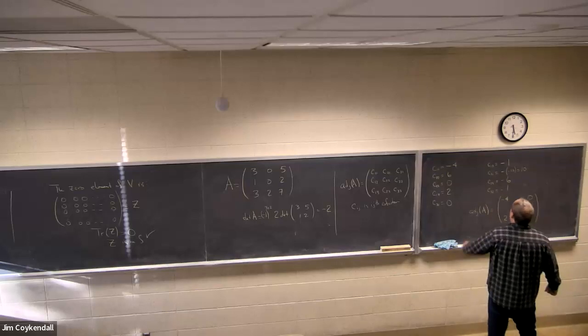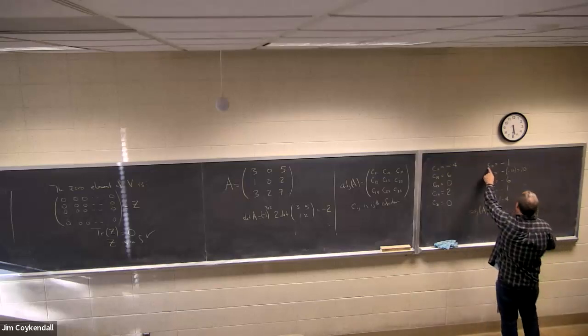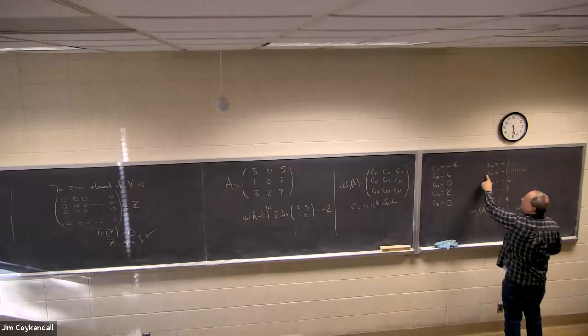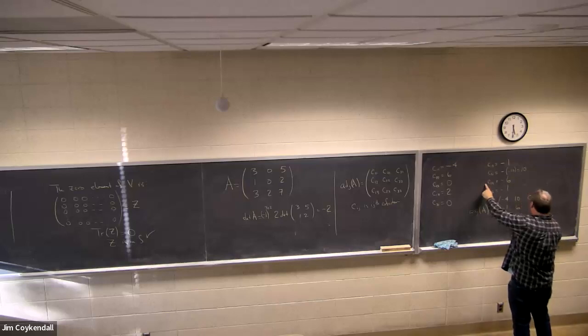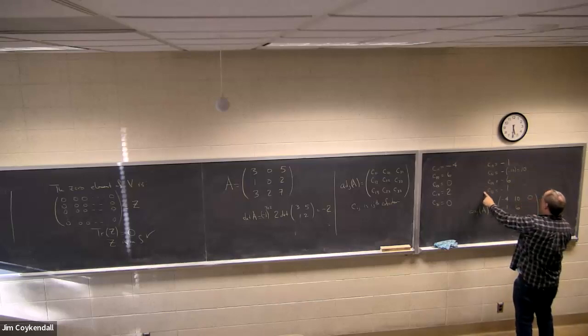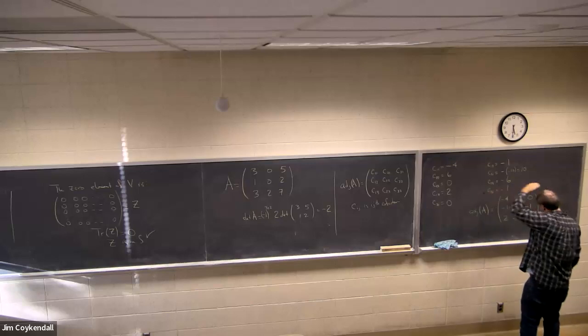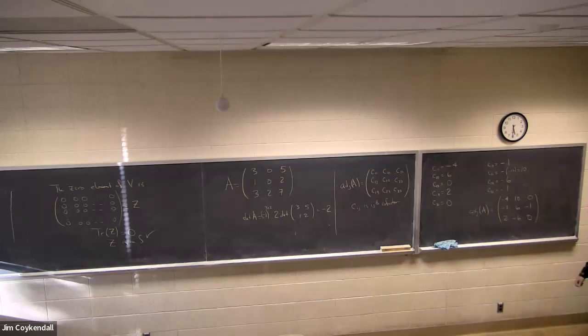And let's see, what do we got? 1, 2, that's here. 2, 1 is there. Comes up here. 2, 3 is -6. And 3, 2 is negative. Okay. Any questions?